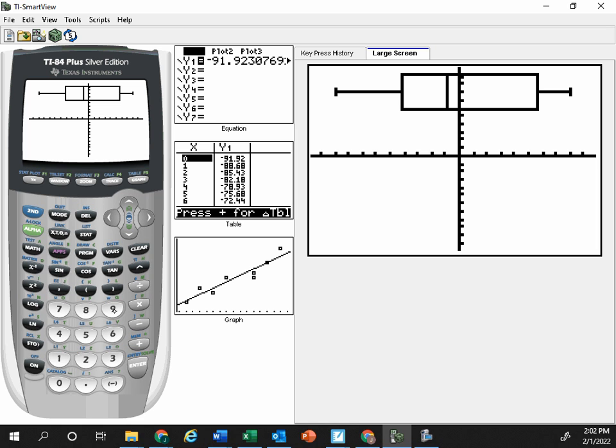All right, is that what your box plot looks like? Okay. No outliers, right? Guys, if you had an outlier, you'd see like some little star looking thing past the end of your box plot. There aren't any of those, which means there are no outliers here.